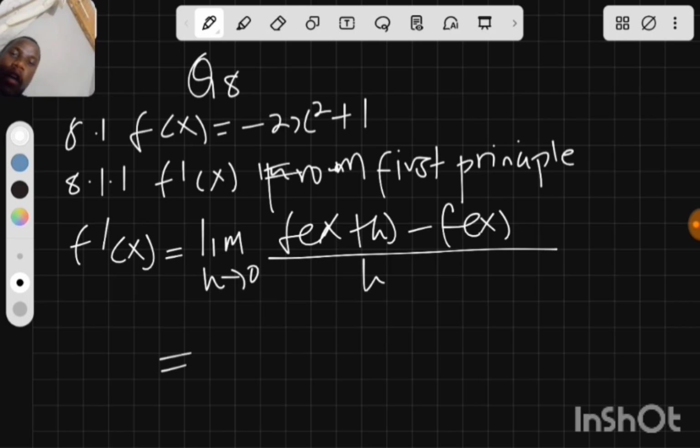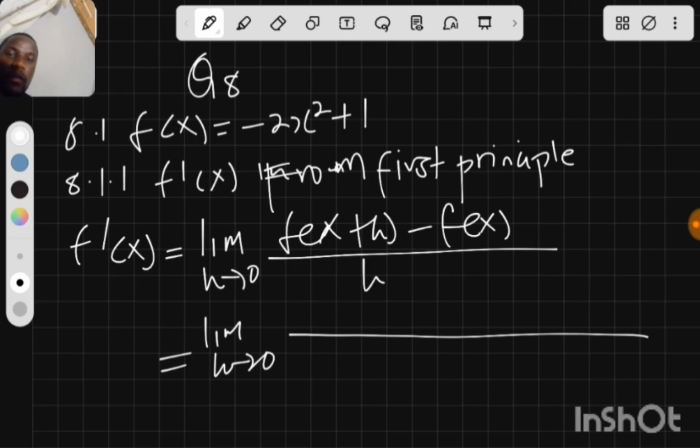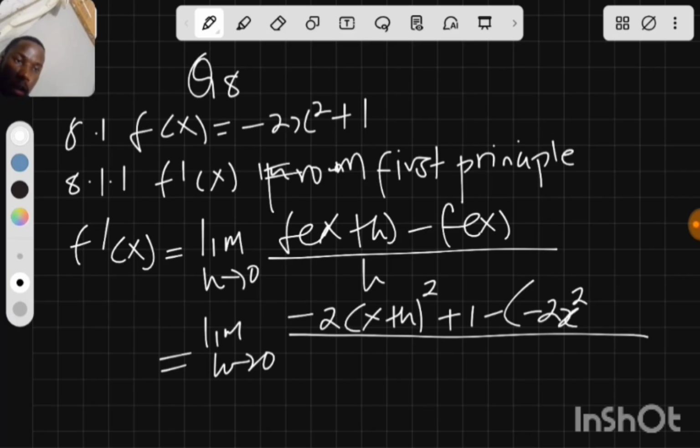When you go to your f of x, which is minus 2x squared plus 1, say limit when h approaches 0. And when you see your x, you substitute with x plus h. You go to our original function, which is minus 2 times x plus h, but don't forget squared, plus 1, minus, since you see minus, open brackets, the original f of x, which is minus 2x squared plus 1, divided by h.